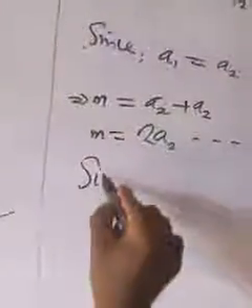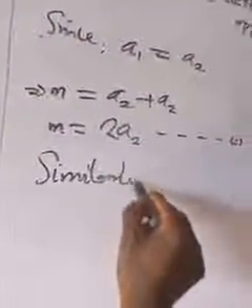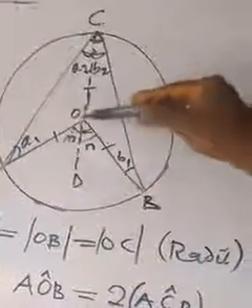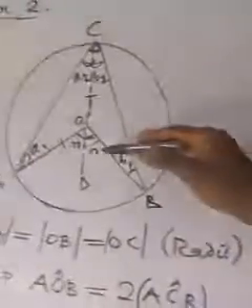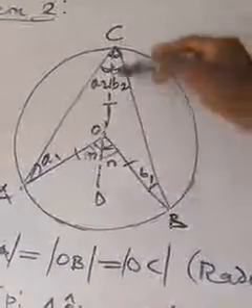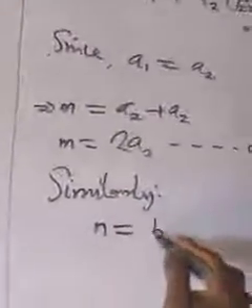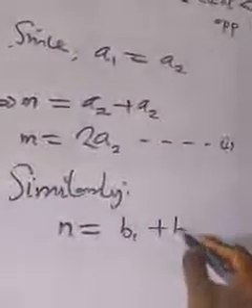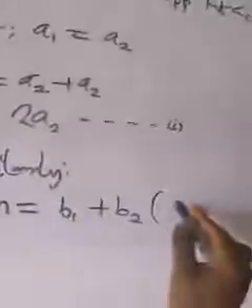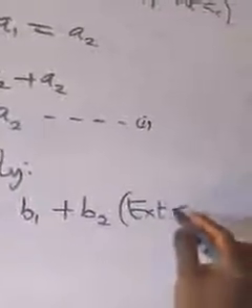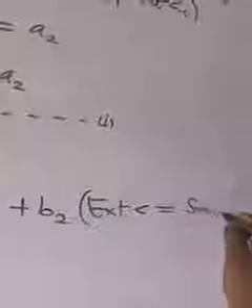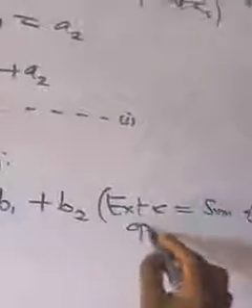Similarly, in this triangle COB, we see that N is the exterior angle to this triangle. So we have N is equal to B1 plus B2, that is, exterior angle equals the sum of opposite interior angles of the triangle.